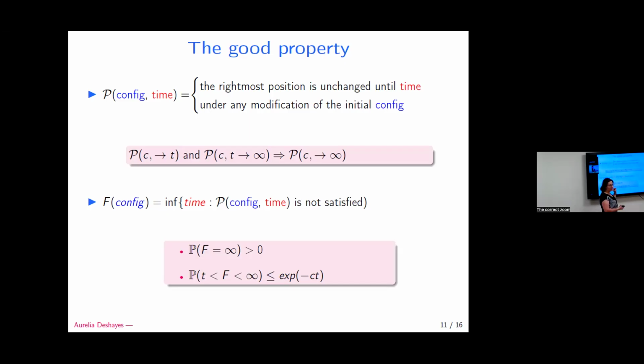You still need to leave the one particle at the beginning; you cannot change that. I start with an initial configuration C, which is blue. I take a time T, red. I change anything. The rightmost is still the same as the one from my red one.